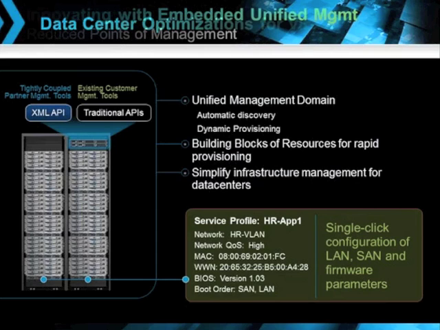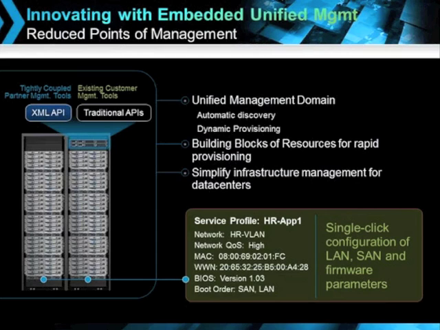So leveraging a technology called Service Profile Templates, within UCS Manager, which is the centralized management application for the UCS B-Series solution, we're able to pre-create service profiles that predetermine the network connectivity as well as access to storage and application access.